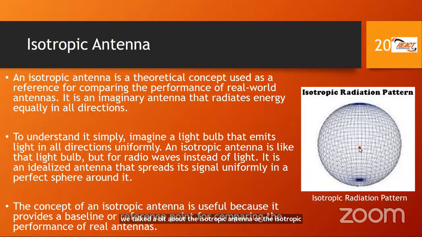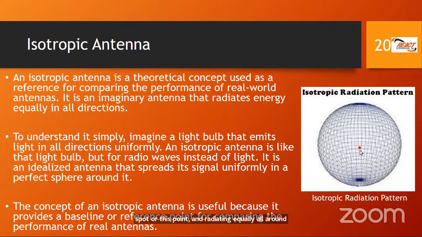But what we need to know about that ideal antenna that doesn't exist is that if we were to send a signal to this antenna, it will radiate the signal equally in every single direction. In other words, a sphere. That's what this grid outside here is. The signal is leaving this spot or this point and radiating equally all around. Sometimes you have a light bulb and you see it light up the entire place.